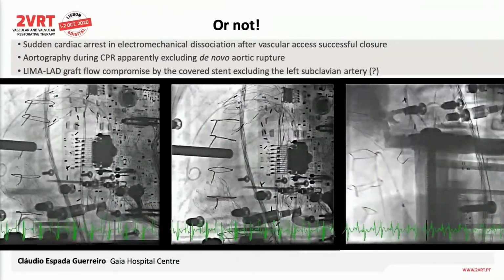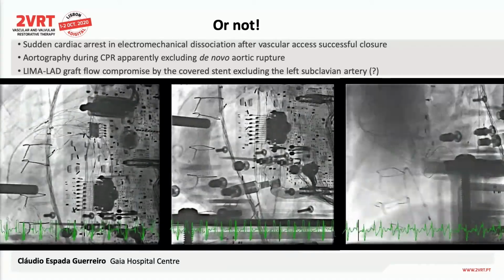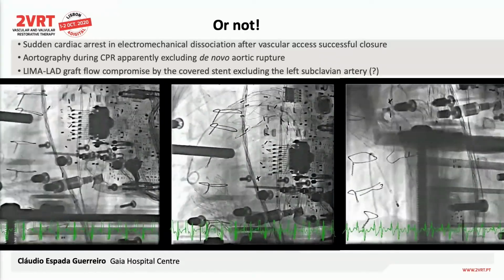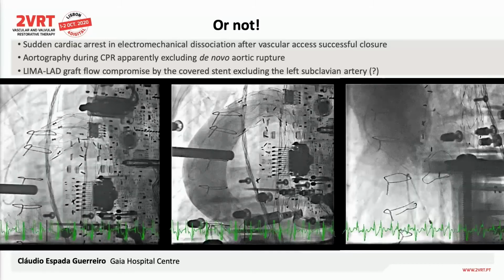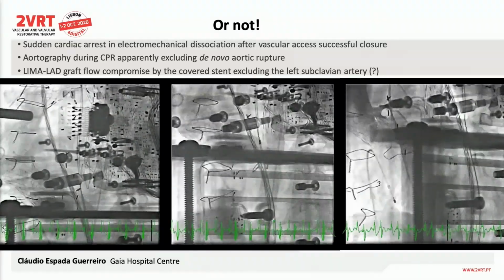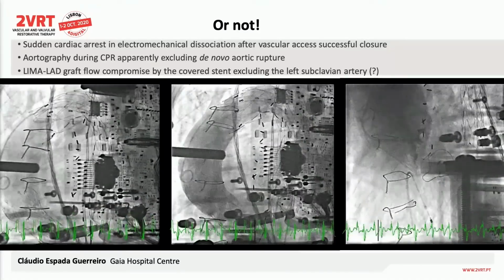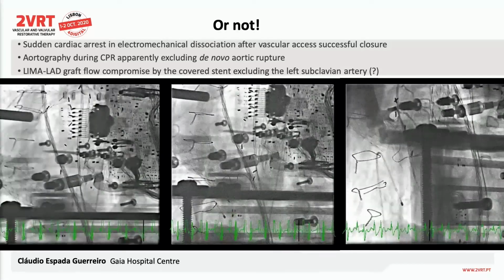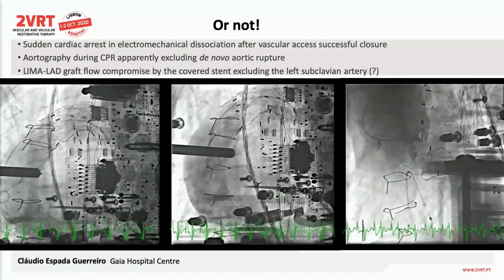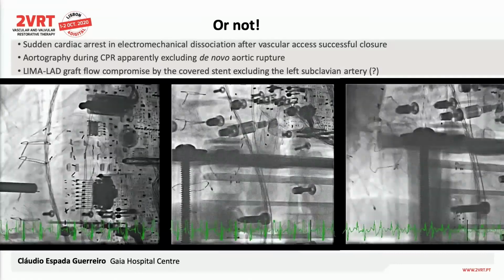There was also apparently no extravasation of contrast that could point to de novo aortic rupture, and also we advanced a temporary pacemaker to give rhythm support. It could eventually be the problem, but unfortunately that was the end of the case, because the patient did not perform well despite our intervention, and the patient died.